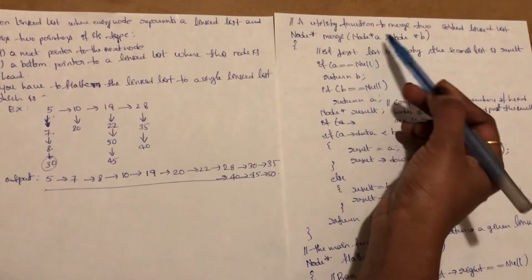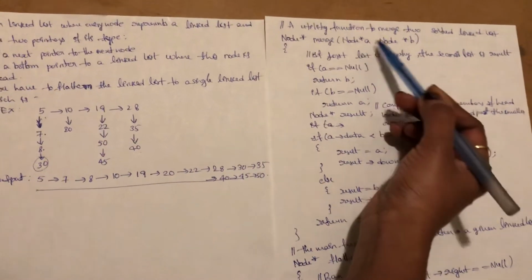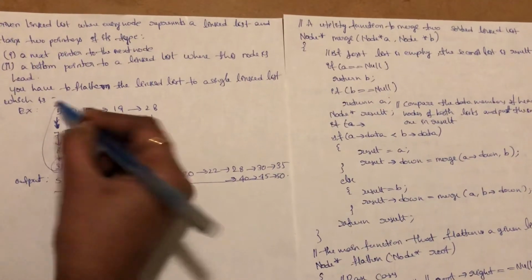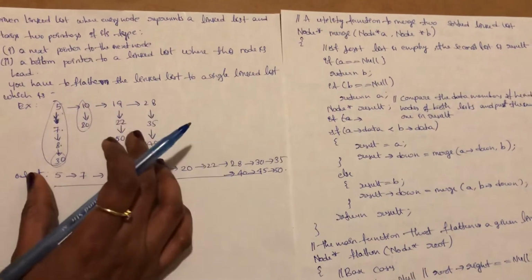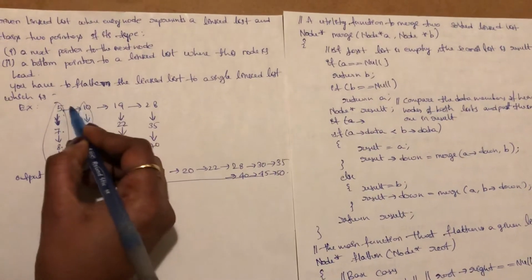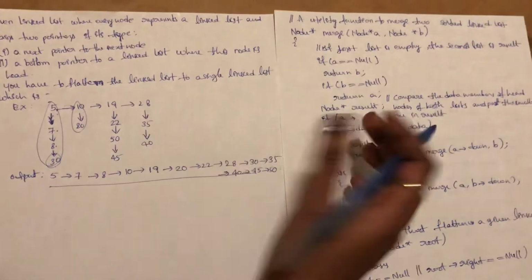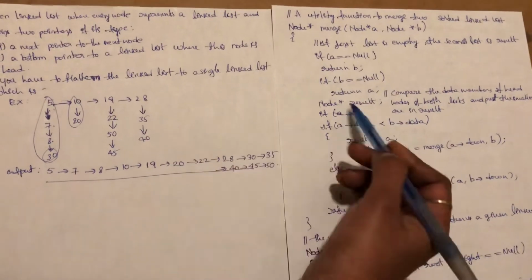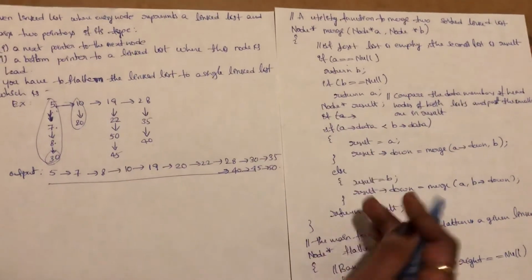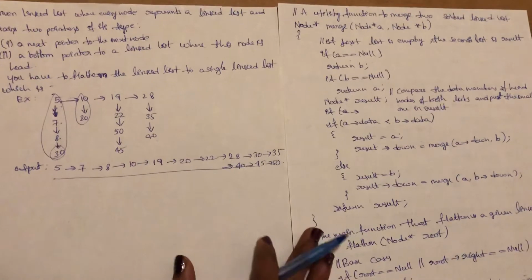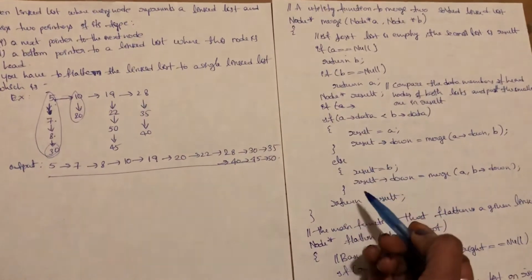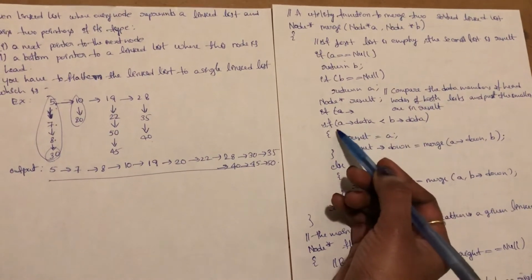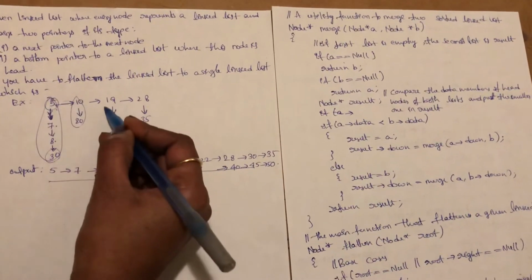We are taking two linked lists, A and B. If A is equal to null or B is equal to null, then we return B or A. We don't have to extend the problem.